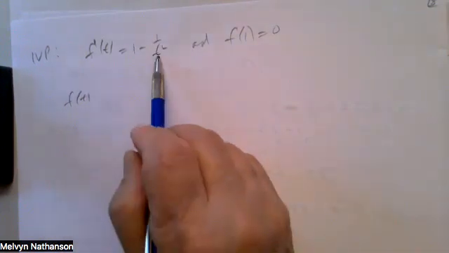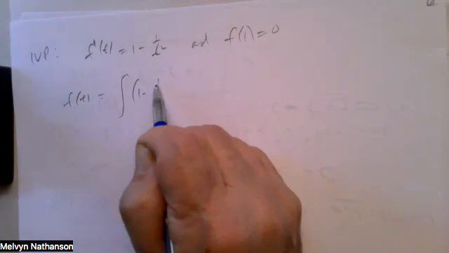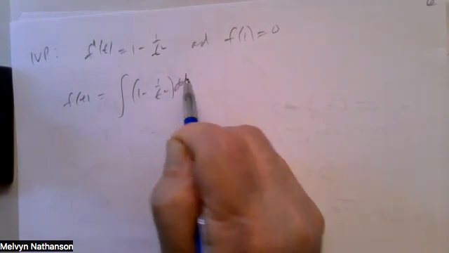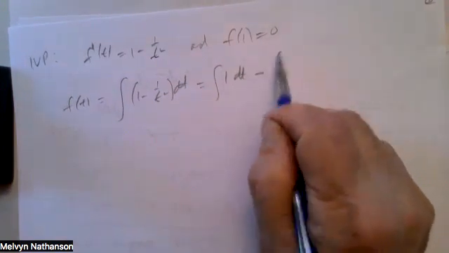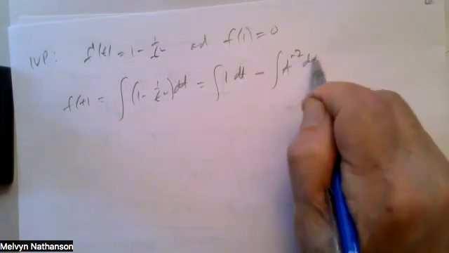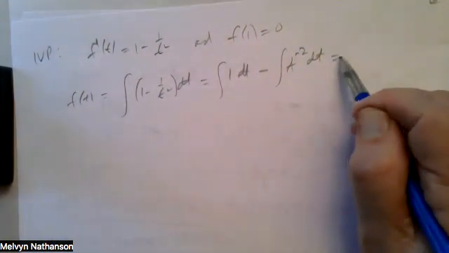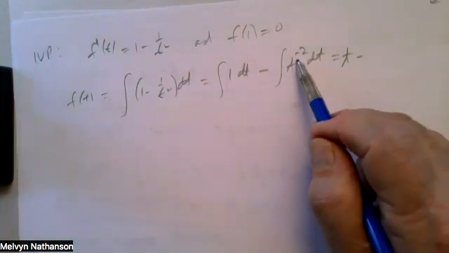So if f prime of t is 1 minus 1 over t squared, f is the integral of 1 minus 1 over t squared dt. That's the integral of 1 dt minus the integral of 1 over t squared, or t to the minus 2, dt. The integral of 1 is t. What's the integral of t to the minus 2?